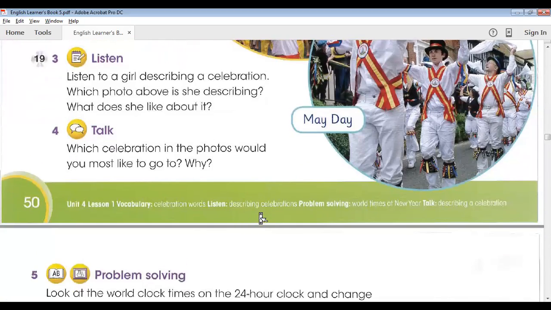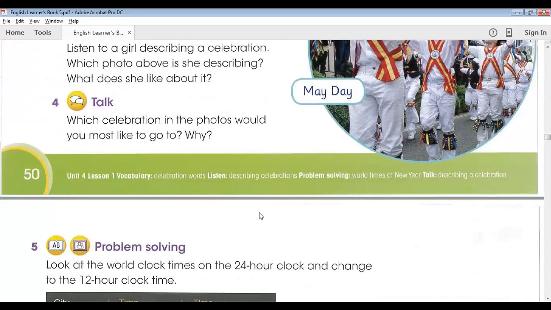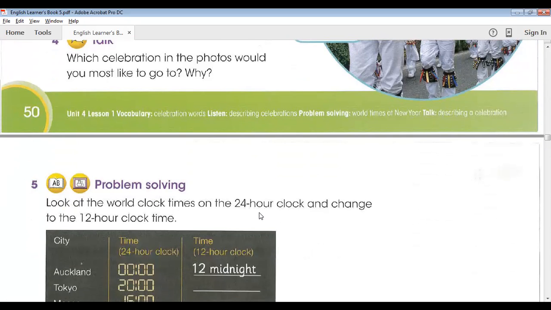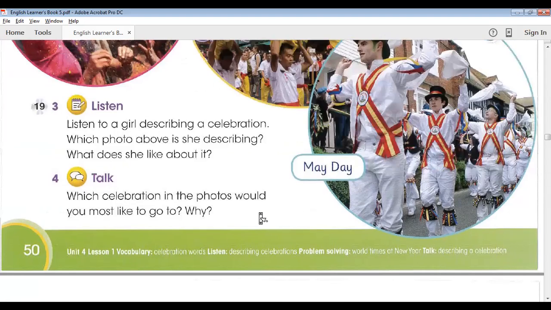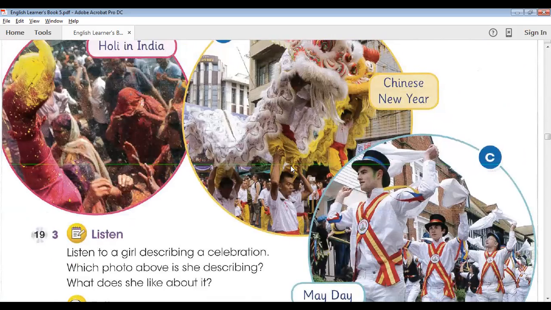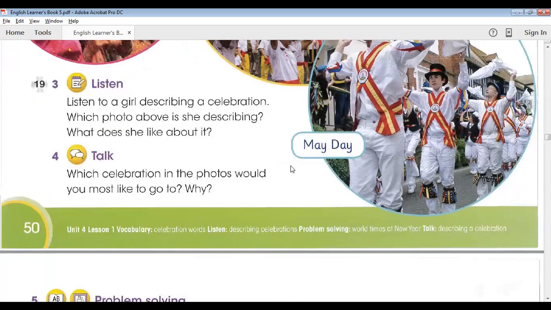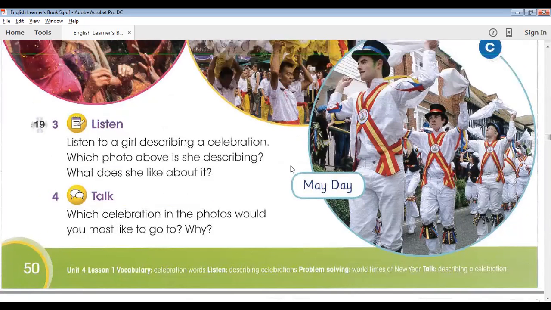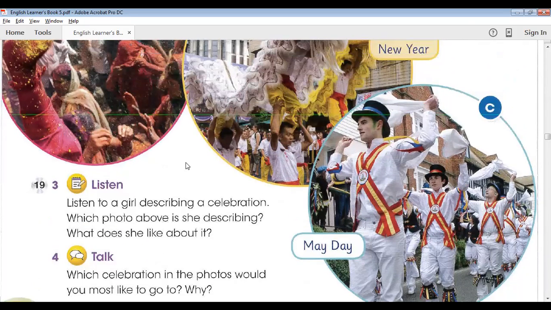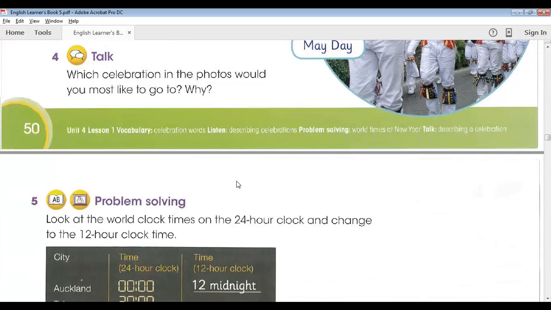Then we discussed exercise 4, in which the students talk about their choice: which celebration in the photo would you most like to go to. They discussed according to their choice.